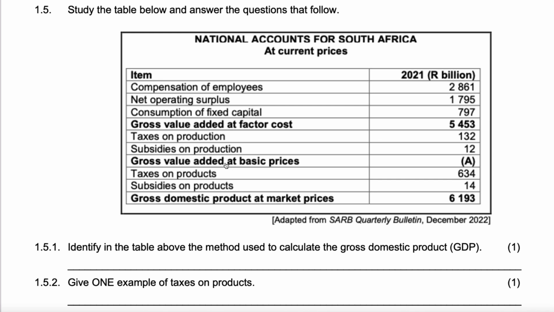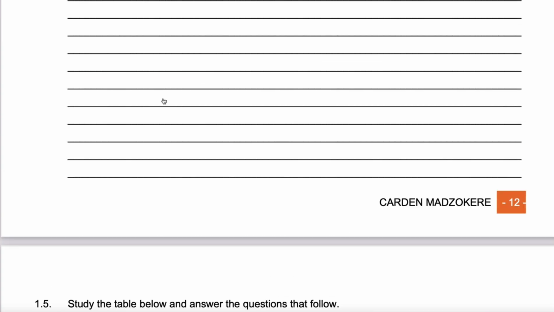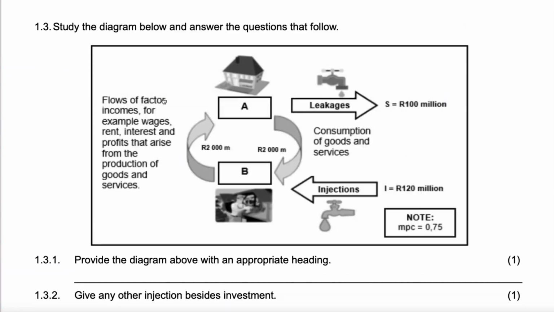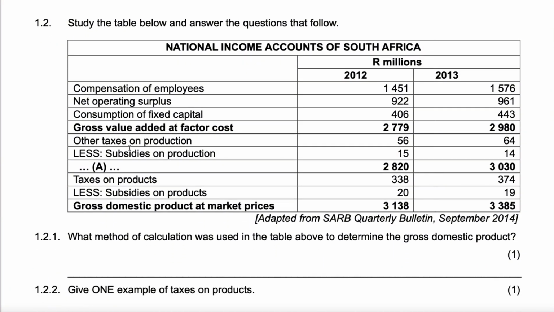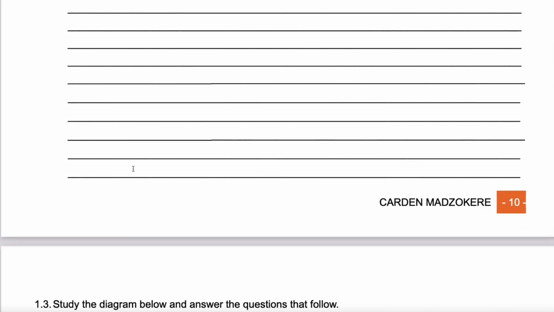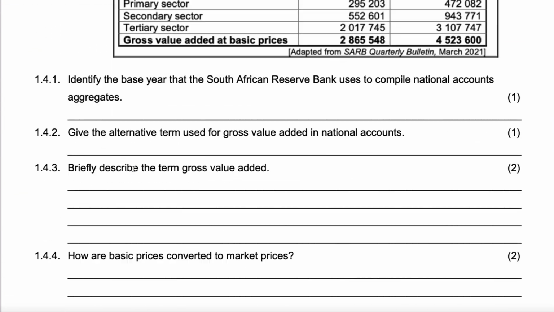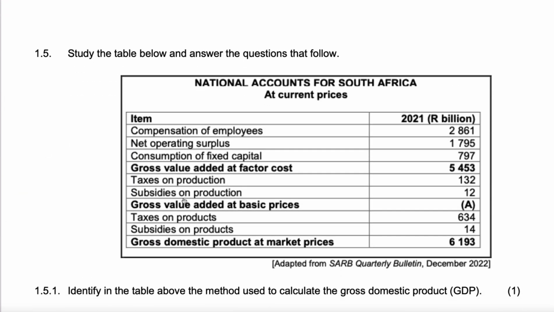Then we have GDP at market prices. Now the difference is they like this basic price. In 1.2, if I can just run to 1.2 quickly and show you the difference. Okay, here's 1.2. They gave us 2 years, 2012 and 2013, and they removed A. If you come to 1.5, you'll see that they did something similar.